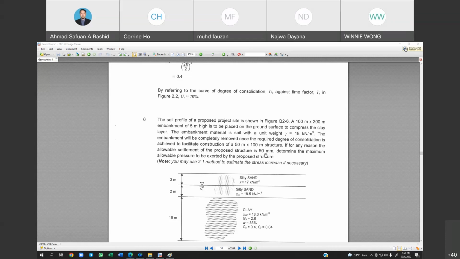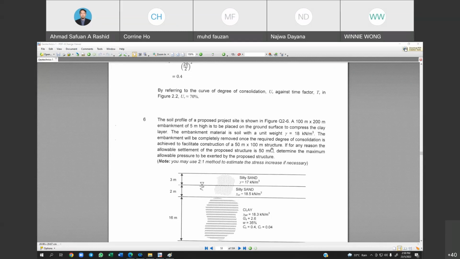So we need to calculate how much pressure from the building, in order to ensure it doesn't reach above the allowable settlement, which is the 50 millimeter.